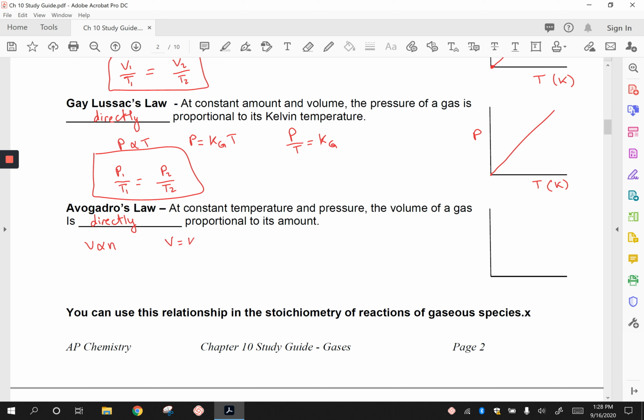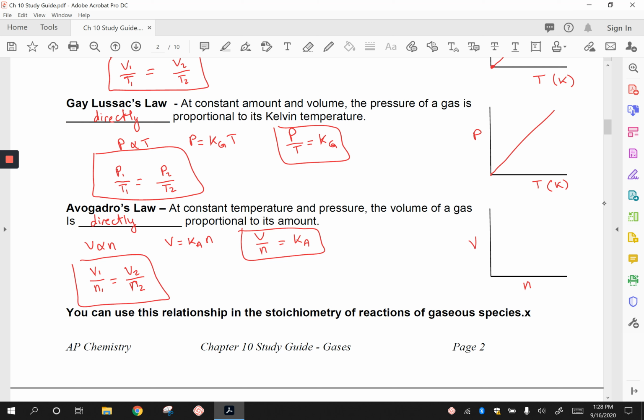V is equal to a constant times n. So V over n is equal to a constant. If we have changing conditions, then V1 over n1 is equal to V2 over n2. And if you graph that, you'd get a straight line. Obviously, if you have no moles of gas, you'd have no volume, and so they do hit the origin.